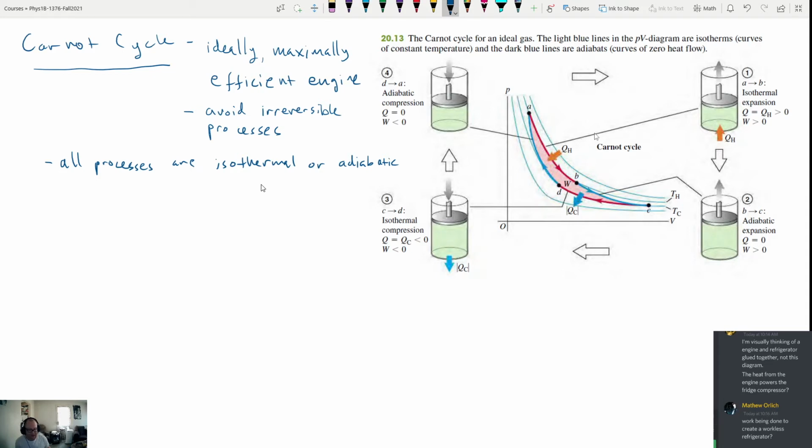Right, it has to be adiabatic because any heat transfer would not be reversible. Okay, so let's go through and talk about the steps of the cycle.